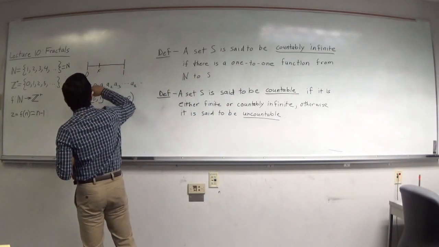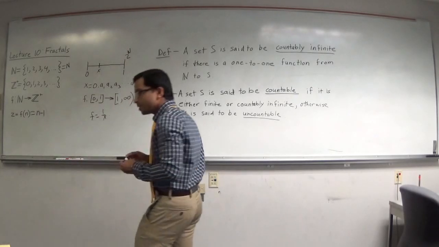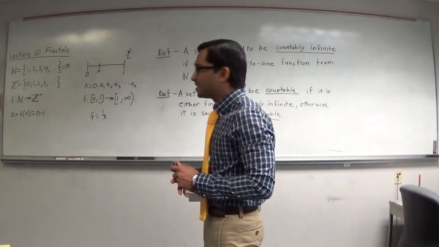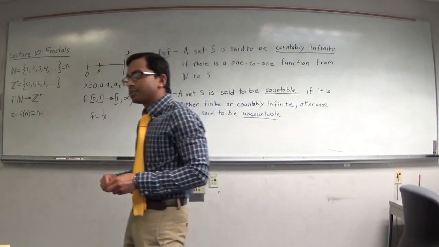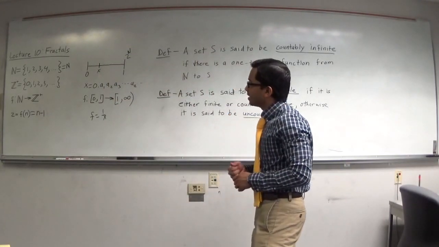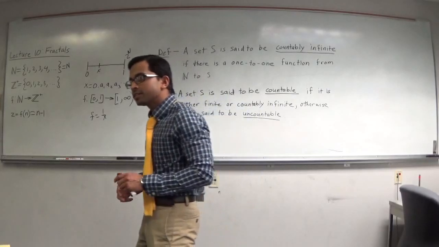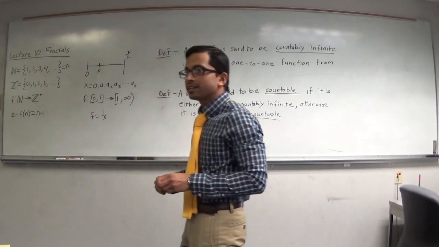And here, the cardinality is going to be 2 to the n. Wait, what's an aleph? It's a Hebrew or Arabic letter, although Arabic aleph is different from the Hebrew aleph, and I believe Cantor used the Hebrew aleph. So it's just A in Hebrew.